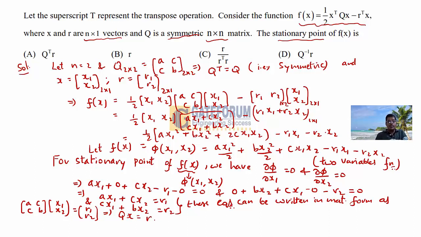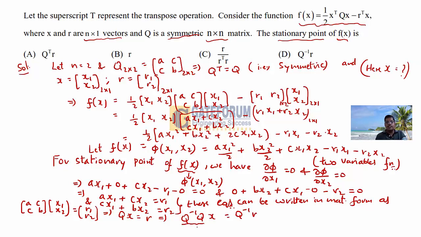Because they are asking the stationary point of f of x, we need to find the x value. So here x is equal to question. So to find x, eliminate q. That means pre-multiplying by q inverse: q inverse into q into x is equal to q inverse into r.